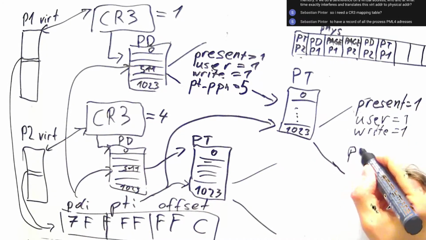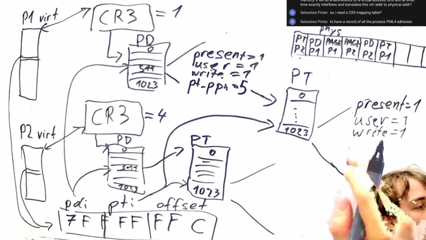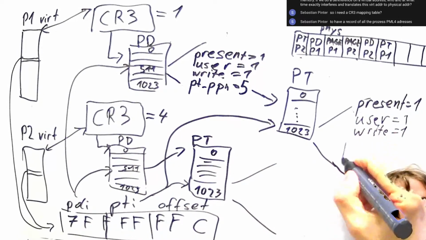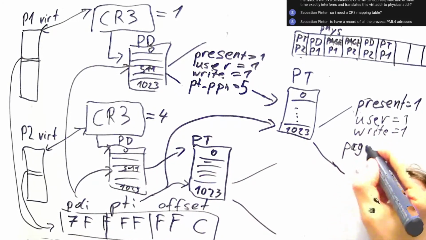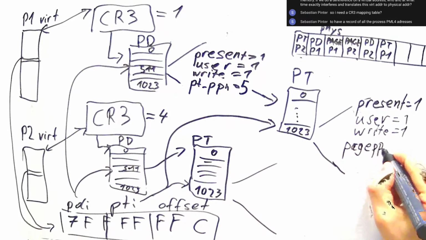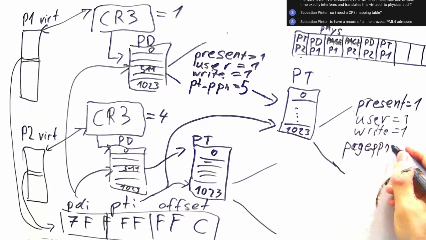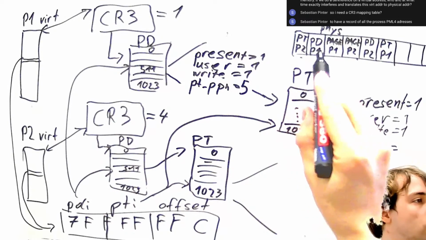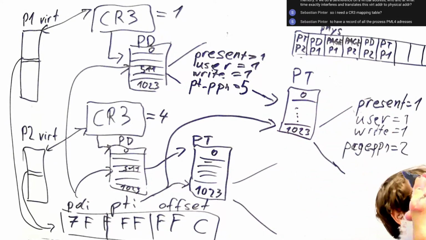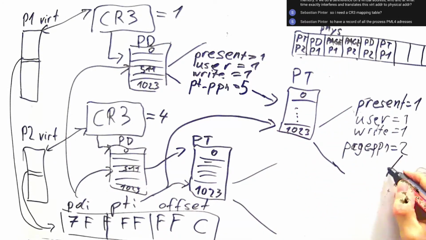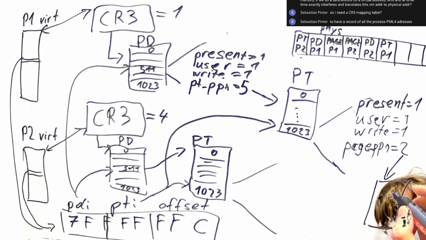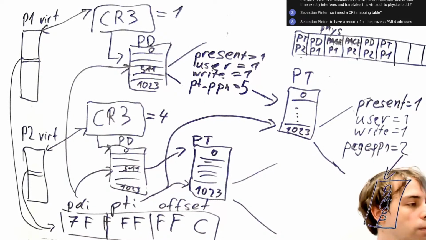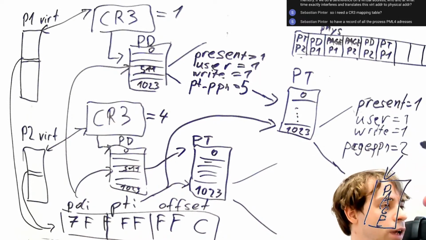And the page, so let's write that down fully. So the page ppn, physical page number in this case is 0122. And this will point us to a page. Okay, this is how we find page 2.